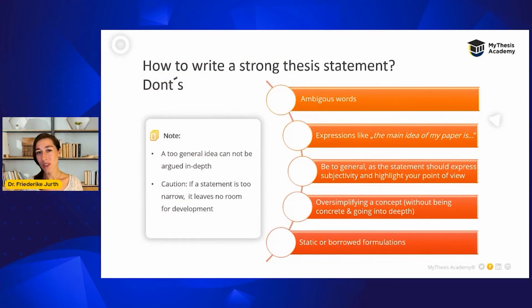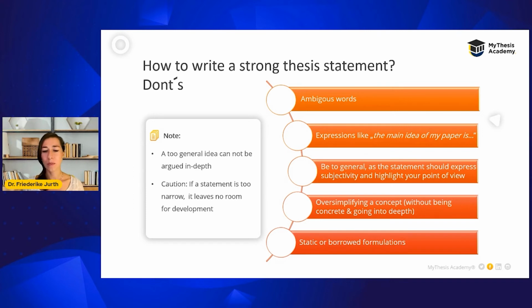Well, what should you avoid if you write a thesis statement? First, you should avoid to provide a too general idea, because a too general idea cannot be solved and argued in depth. And try also to avoid ambitious words and expressions like the main idea of my paper or my thesis is.